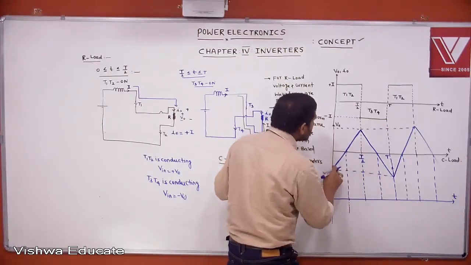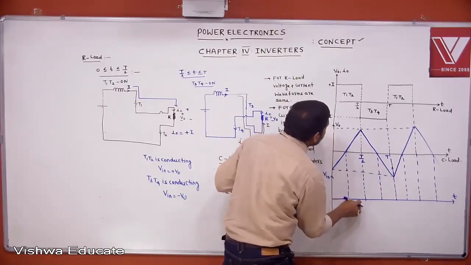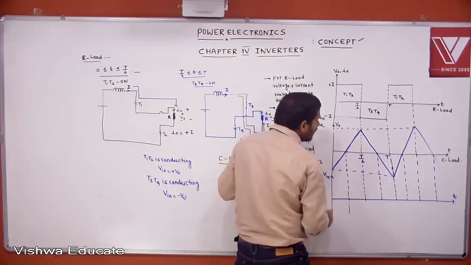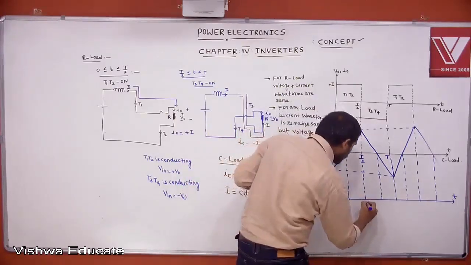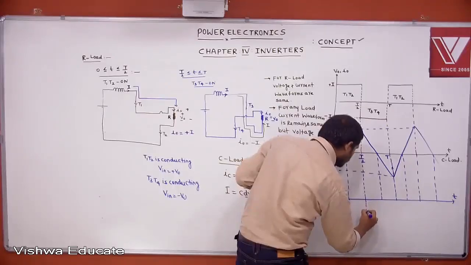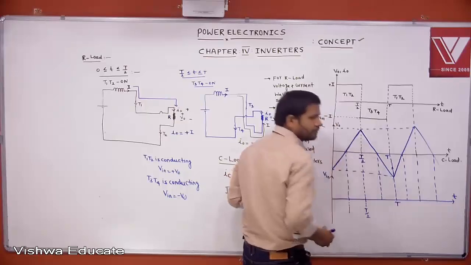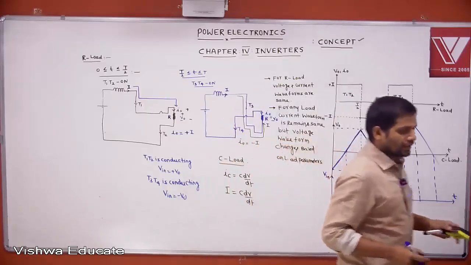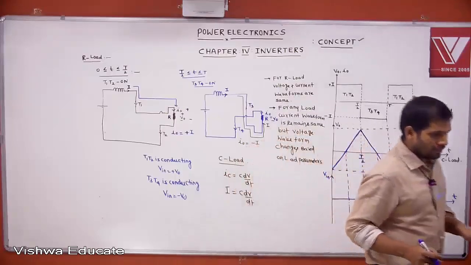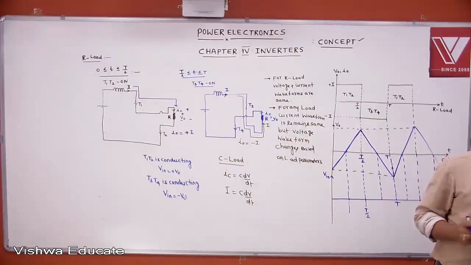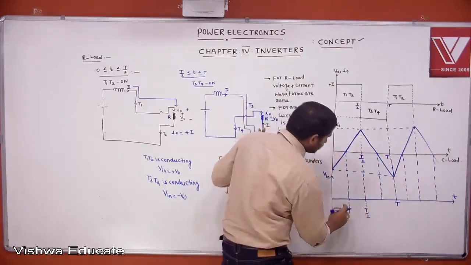Here T1, T2 is conducting. Here also T1, T2 is conducting. This is T by 2. This is T. Then what can you get? You tell me. This is T by 2.